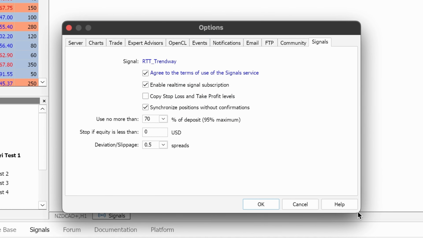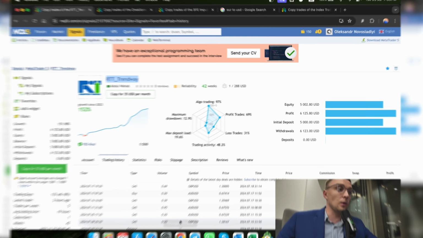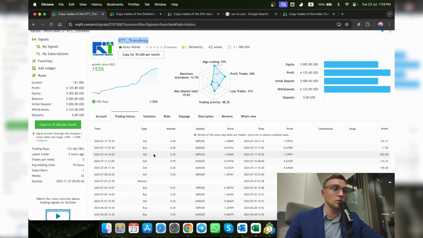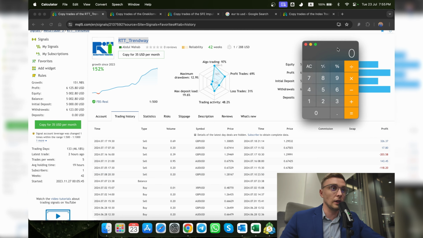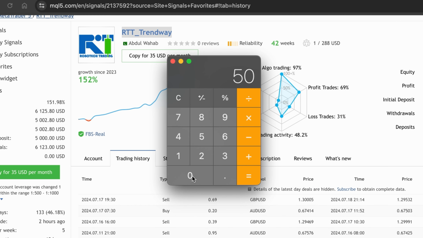This is very important. Right now we need to count this percentage, you see, used is more than 70. If I want to trade with the same trading volume this guy is using, we need to use some calculation. He has his balance right now at 5,000, let's say $2, divided by $10,000, which is what I have on my account, and multiplied by 100.